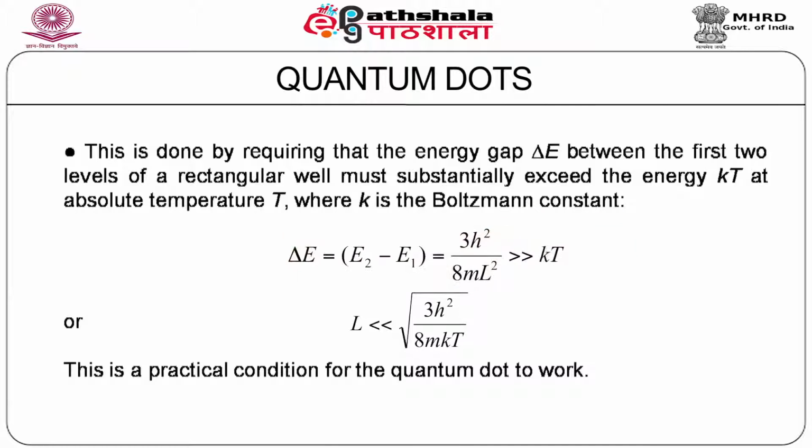Why kT? Because kT is approximately the average energy of particles at room temperature if you put T equal to 300 Kelvin.